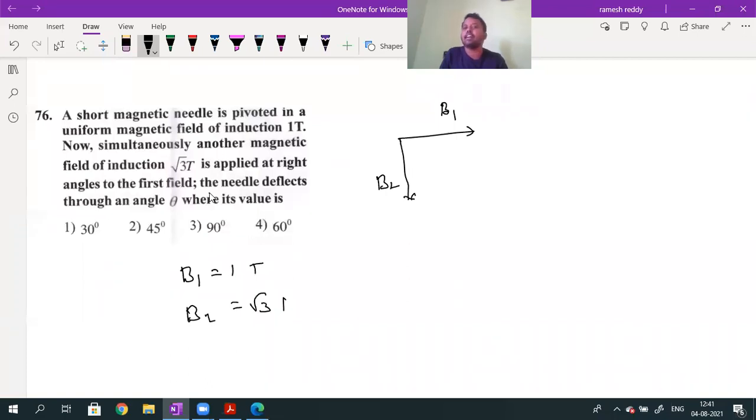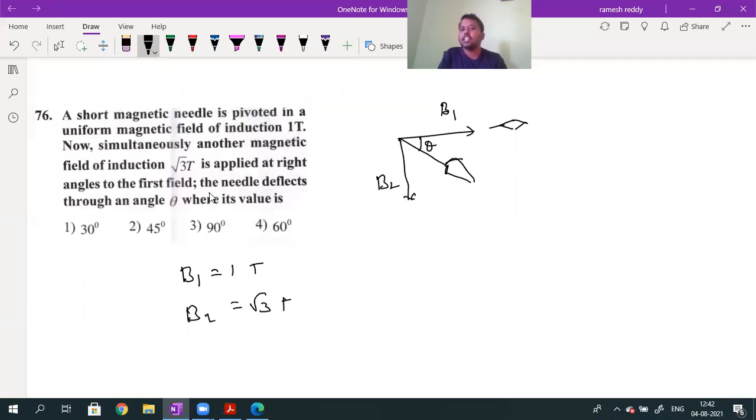These both are perpendicular. Initially the magnetic needle is aligned in the direction of B1 only. After applying B2, the needle is deflected and comes to a new position, its rest position. The needle is deflected through an angle theta.